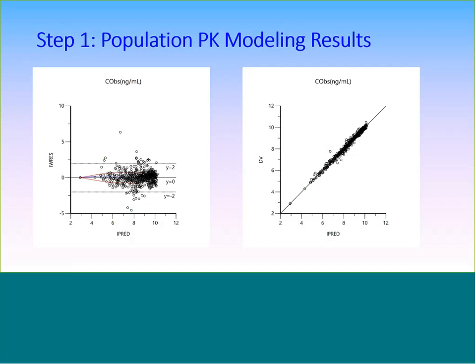I'm presenting several diagnostic plots to demonstrate the goodness of fit of the model to the data. The individual weighted residual versus individual prediction right here shows that there's no significant thinning of the red lines. In the individual prediction versus observed data, all the points fall close to the line of unity, y equals x.